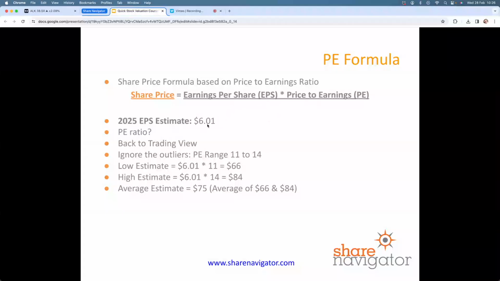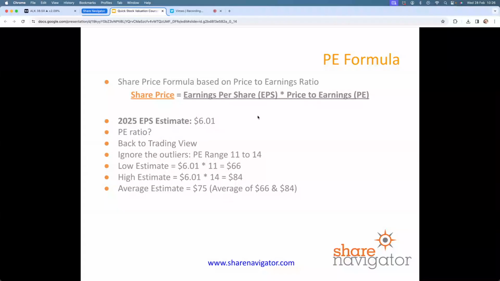That's why we always emphasize, and will always continue to emphasize, you need to do your qualitative research as well on each specific company. Make sure you are happy that that company's earnings estimates are realistic. And then the second multiple we're using here is price to earnings. If, for example, Alaska Airlines are looking at future growth, that's why I'm confident in this PE range here. But let's say the future growth rate was negative.